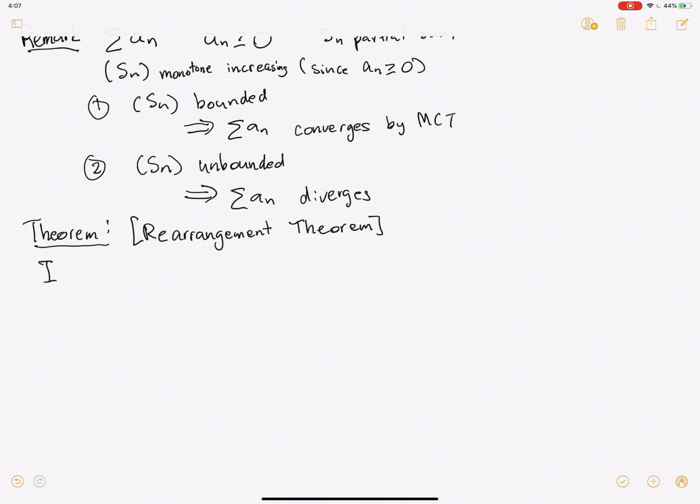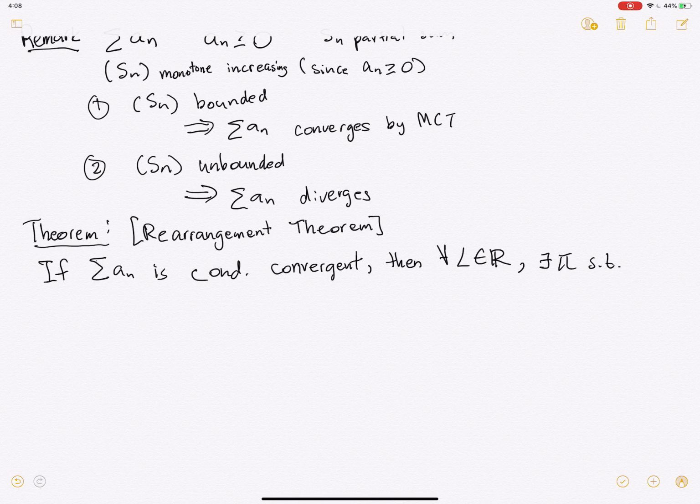Its statement is: if the sum of a_n is conditionally convergent, so it converges but not absolutely, then for all L in the reals, there's a permutation such that the rearranged sum is L. So you can rearrange a conditionally convergent series to get any real number.